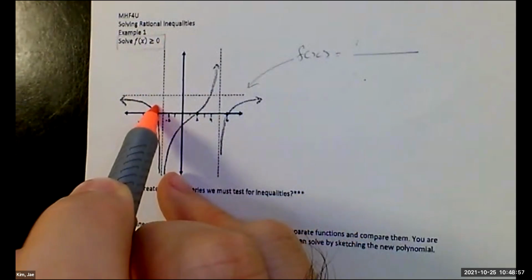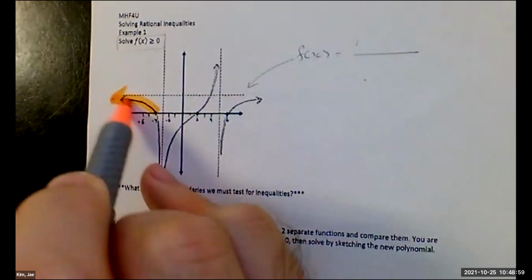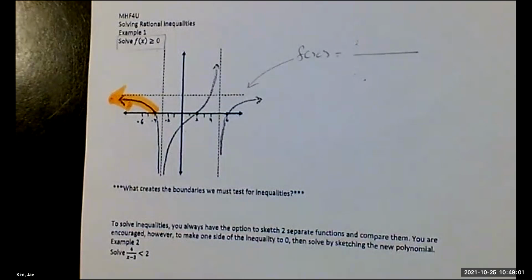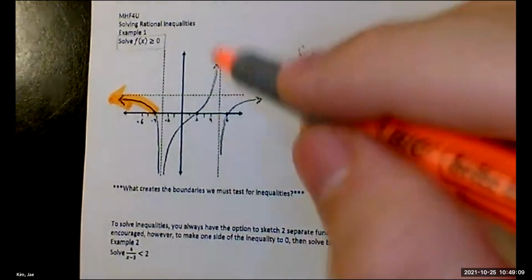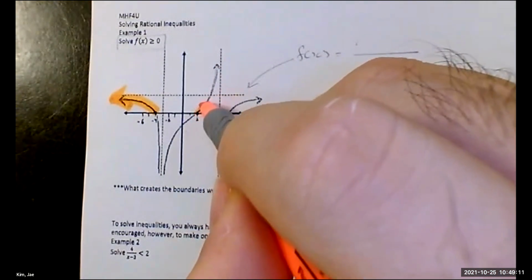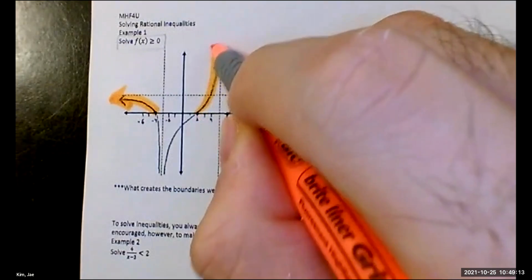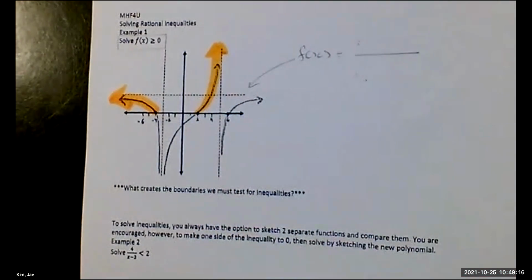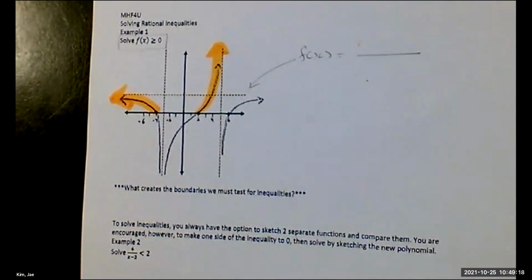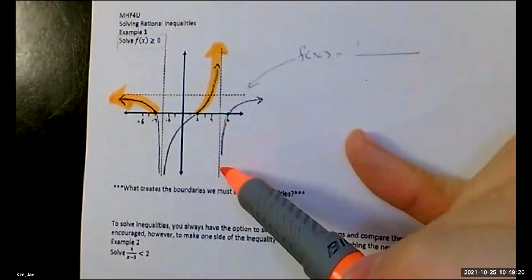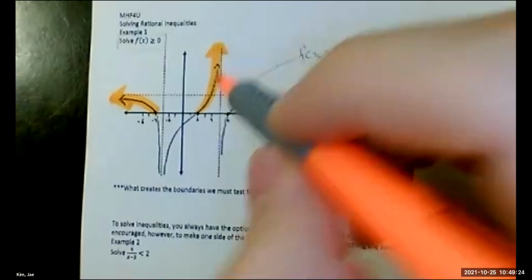So what you're saying is basically this part is greater than 0. Where else is it greater than 0? Mason? From 2, 0 up, and it goes up, up, up. As long as it stays on this side, it is going to be greater than 0. And then it jumps down after the vertical asymptote until here.